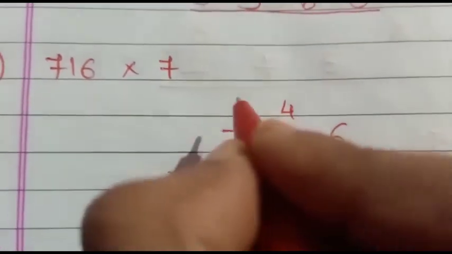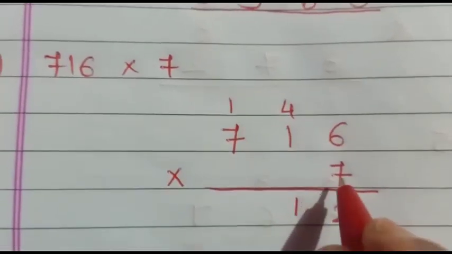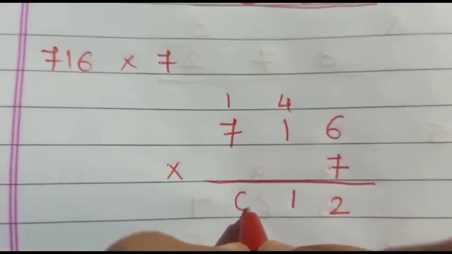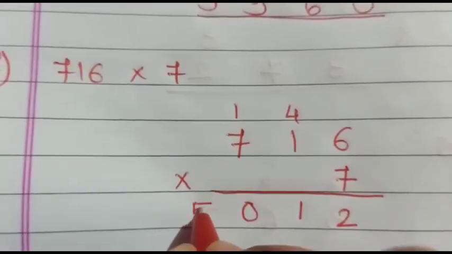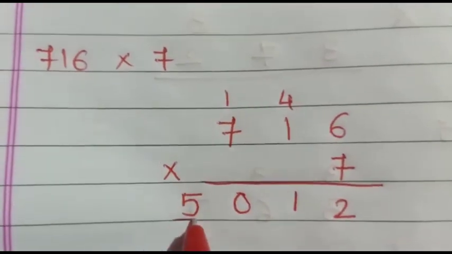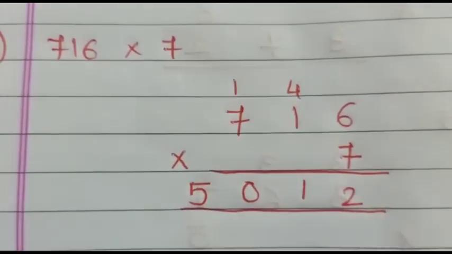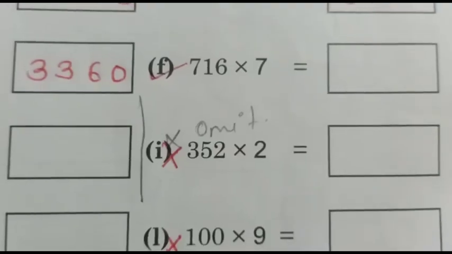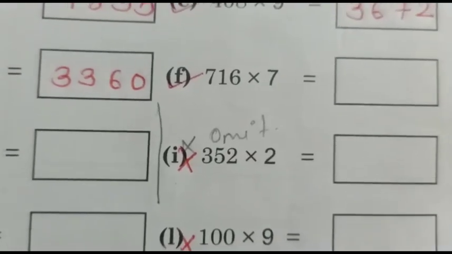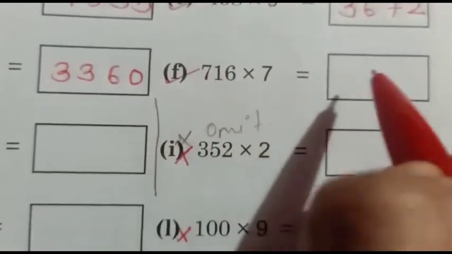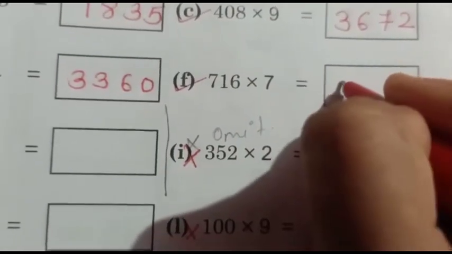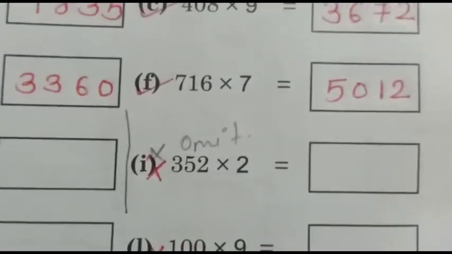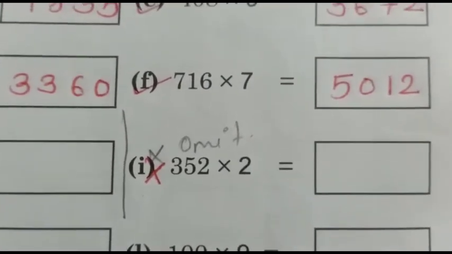So 1 you will write here and 1 you will carry. 7 sevens are 49 plus 1, that is 50. So 0 and here 5, that is 5012. Answer is 5012. Now here students, you have to write the answer in the box, that is 5012.